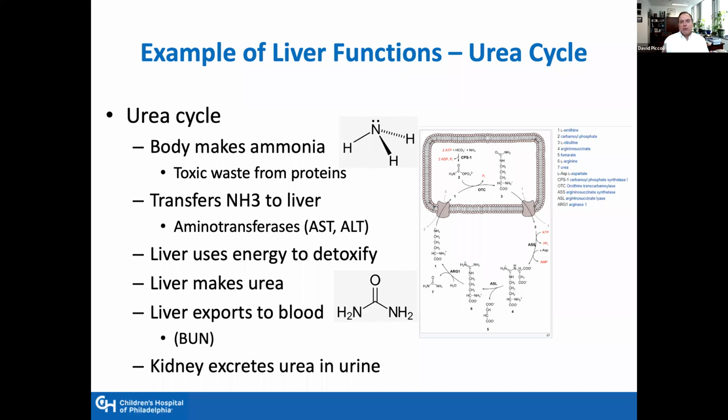It uses energy to detoxify the ammonia, and it makes urea, which is this molecule, similar but very different. And then the liver puts that back into the blood, and the kidney excretes it into the urine. And this process is extraordinarily complicated. Many, many people memorized it for midterms, and almost no one remembers it after finals.